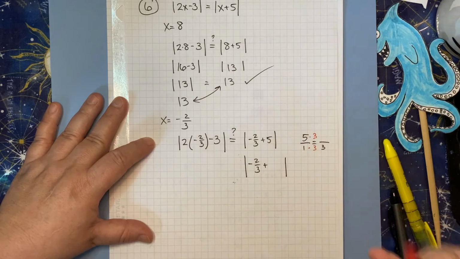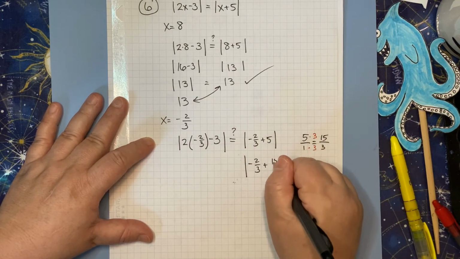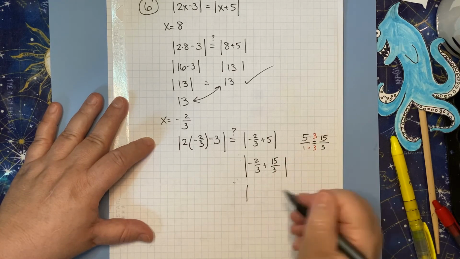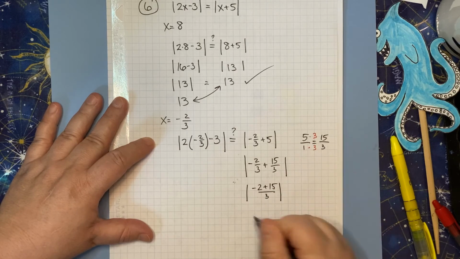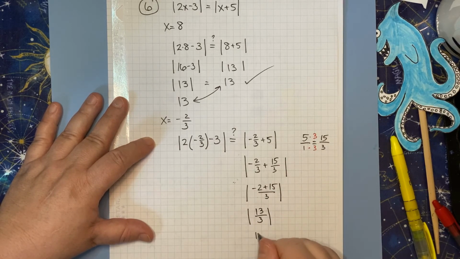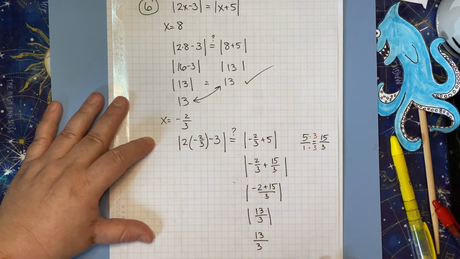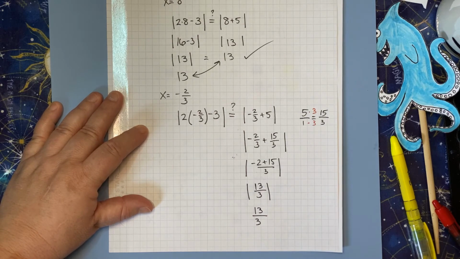I multiply top and bottom by 3, and I get that 5 is 15/3. So that's negative 2 plus 15 all over 3, all in absolute value, so that's 13/3. So the whole thing equals 13/3. So I'm hoping that the left-hand side is also going to give me 13/3.